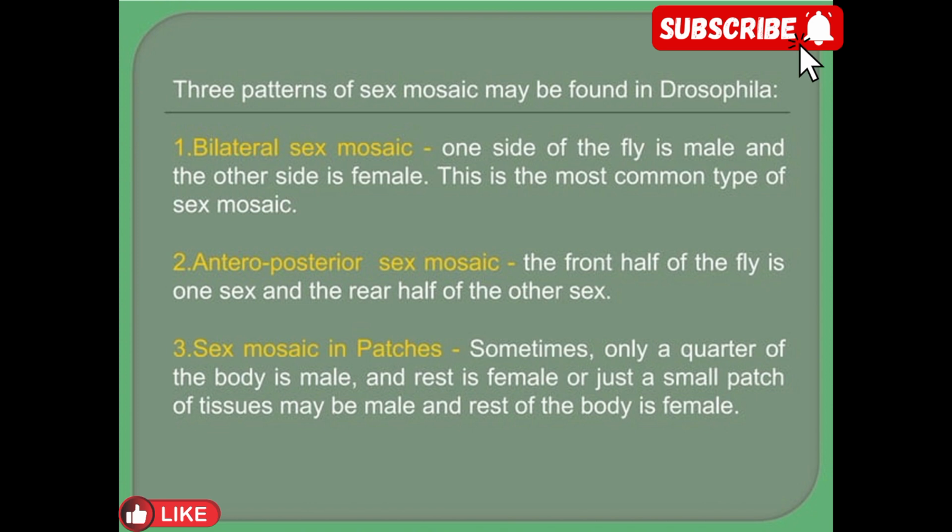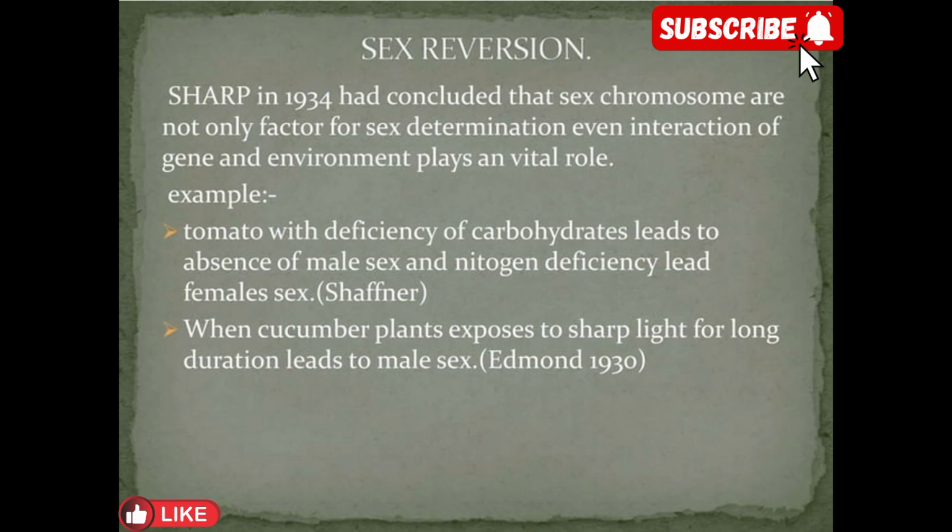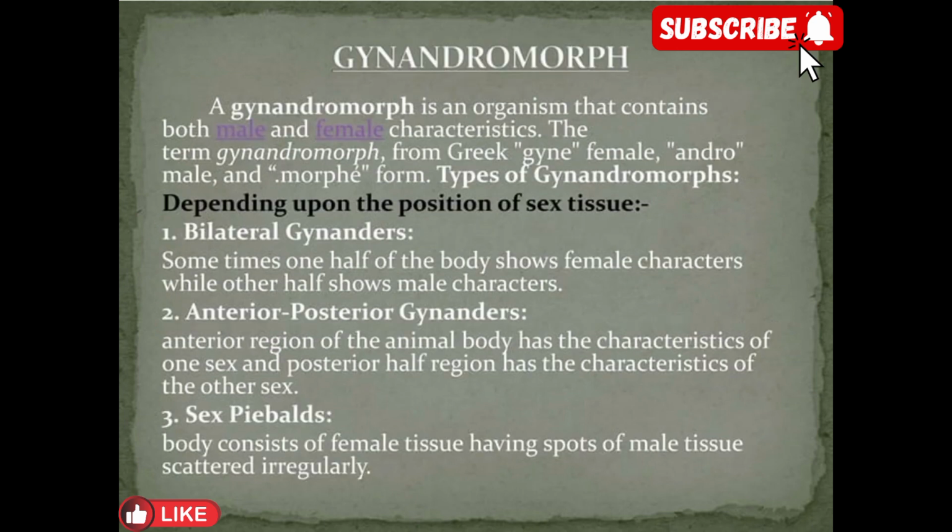Sex mosaic in patches: sometimes only a quarter of the body is male and the rest is female, or just a small patch of tissue may be male and the rest of the body is female. This process is also known as sex reversal.